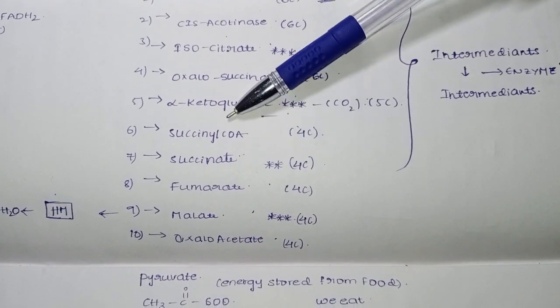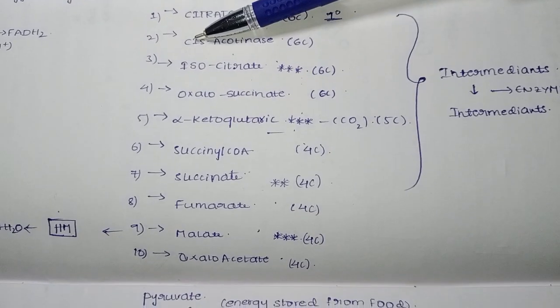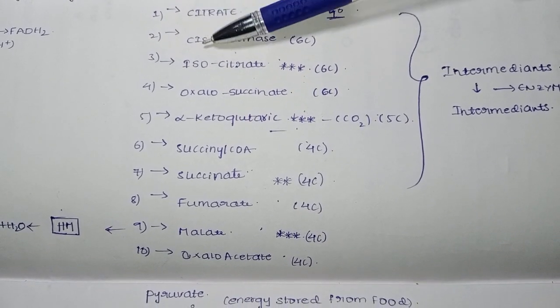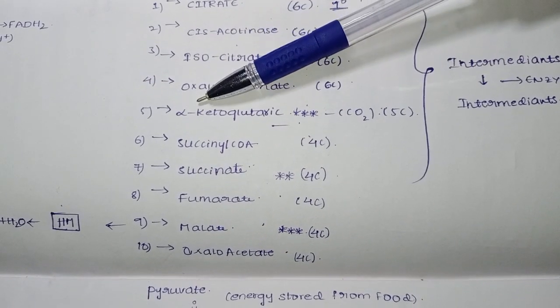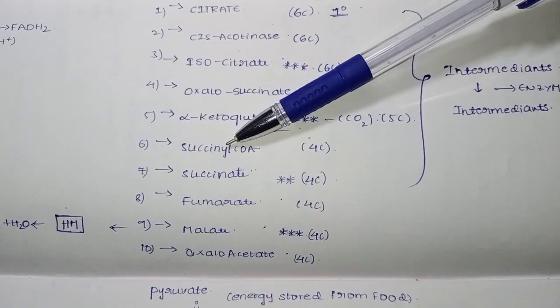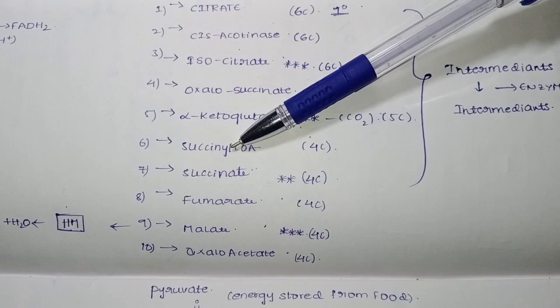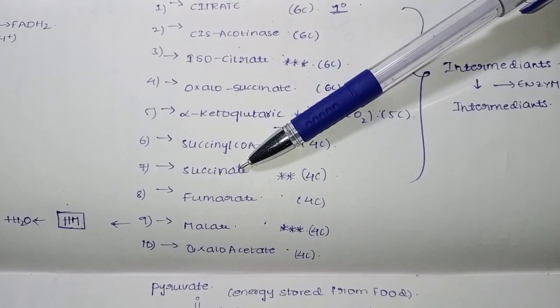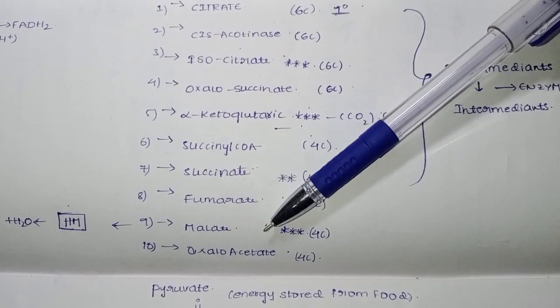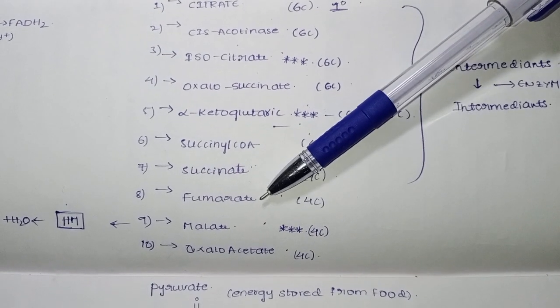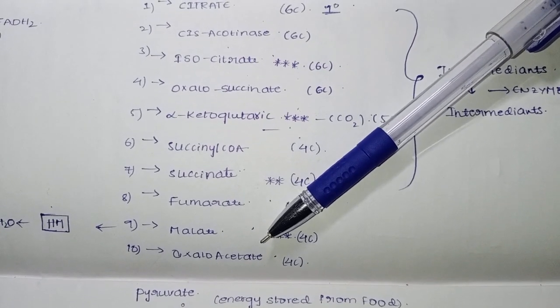How to remember it: CC, then IO, Indian officer, named as alpha. Succinyl-CoA: remember CoA, then remove the CoA and write succinate, and then fumarate, malate, FM, like FM radio, right? And oxaloacetate.